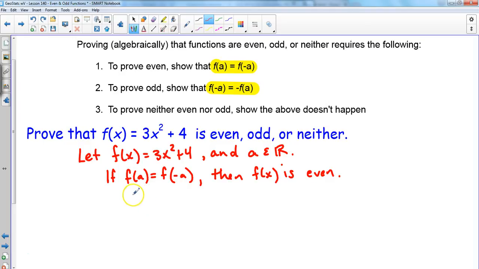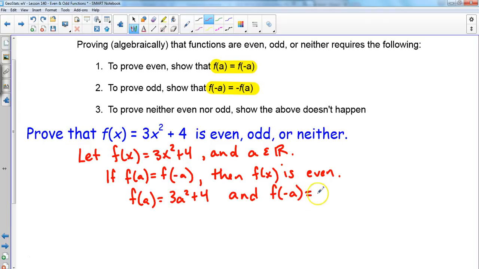So the nice thing about these proofs is really we just need to find what these two values are equal to. So we'll start off with f of a, and plug in a wherever we see an x. We end up with something that looks very familiar. And we want to compare that to f of negative a and see if what comes out is exactly the same.